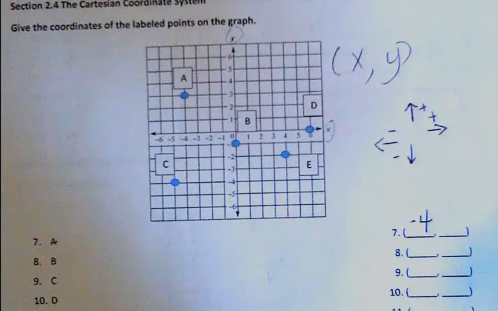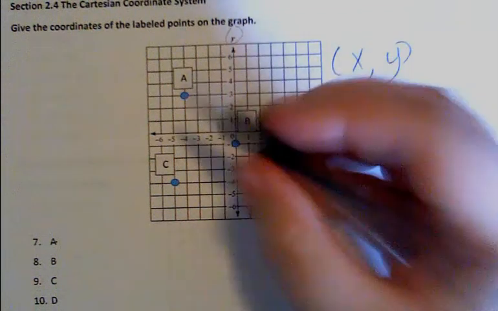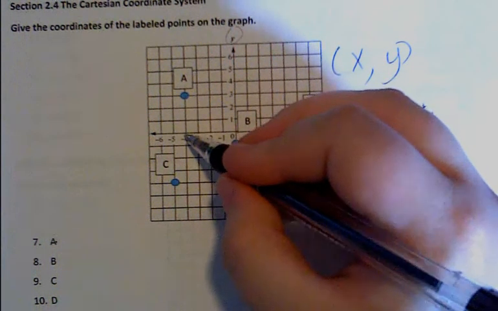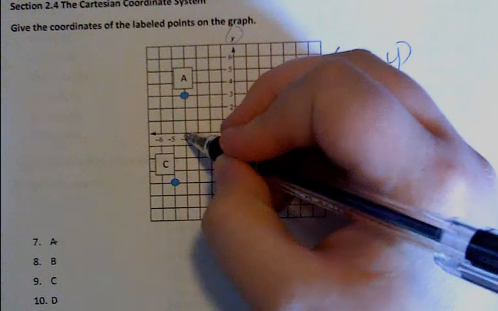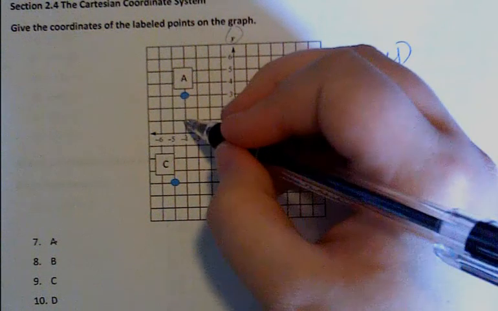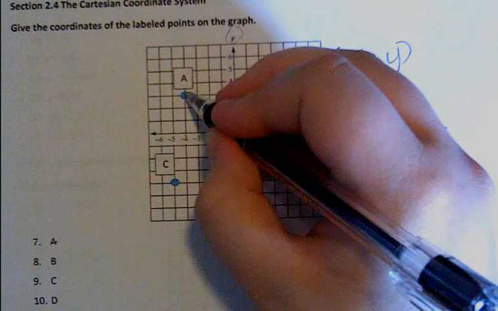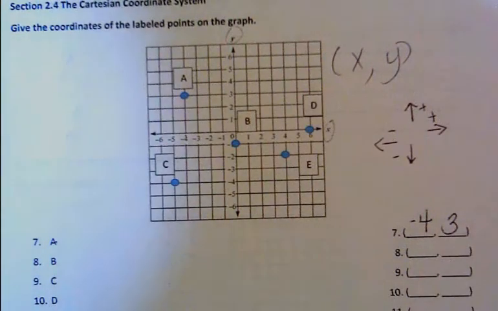Okay, so then I'm at negative 4 for my x, so now I'm going to go up to find my A. 1, 2, 3 spaces. So that coordinate is negative 4, 3.